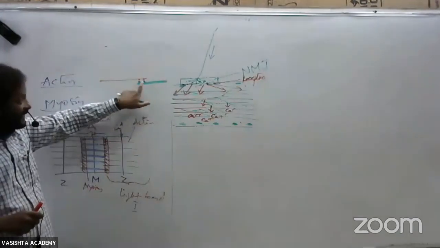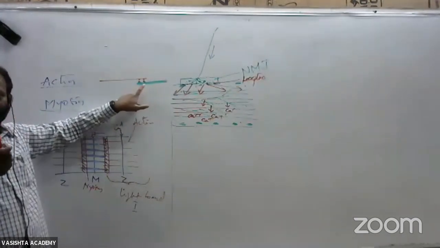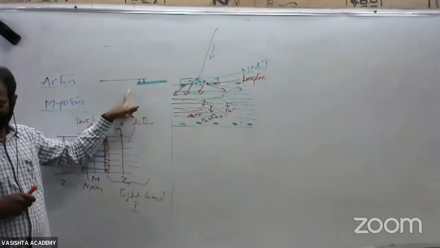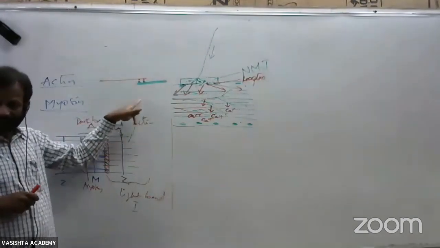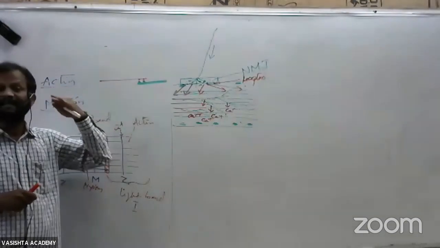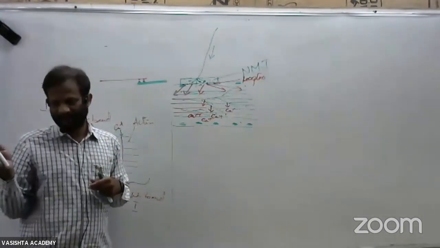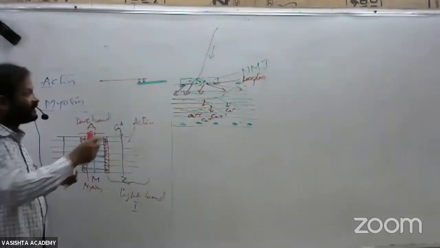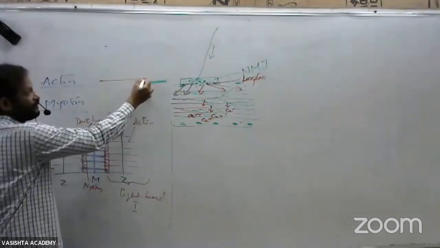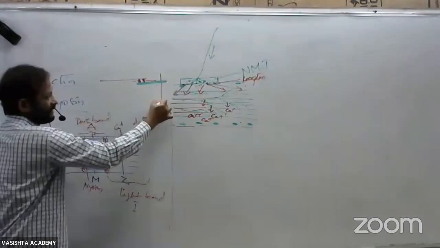That's why the head of meromyosin, which is called HMM, is also called the ATPase site, because it has enzymes for the removal of the terminal phosphate from ATP. So it becomes ADP and the energy is released. With the help of that energy, it will attach with actin and that cross bridge will bend towards the M line.